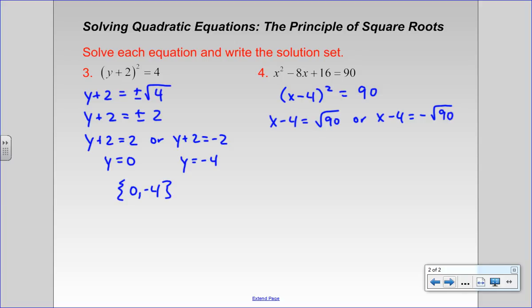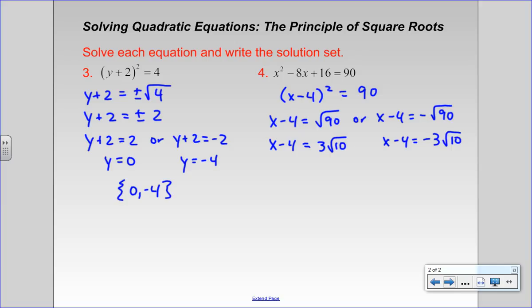Then we can simplify the square root of 90, writing it in simplest radical form. Notice that 90 is 9 times 10, so we have the square root of 9, which is 3, times the square root of 10. And then similarly we have the opposite of 3 times the square root of 10.